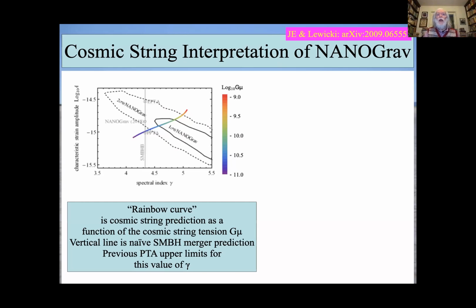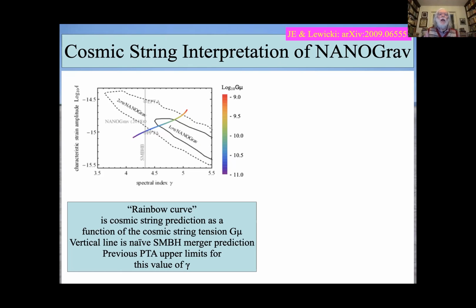So it turns out that the cosmic string interpretation of the NANOGrav data actually fits the data, dare I say it, a bit better than the quote-unquote standard model of supermassive black holes.